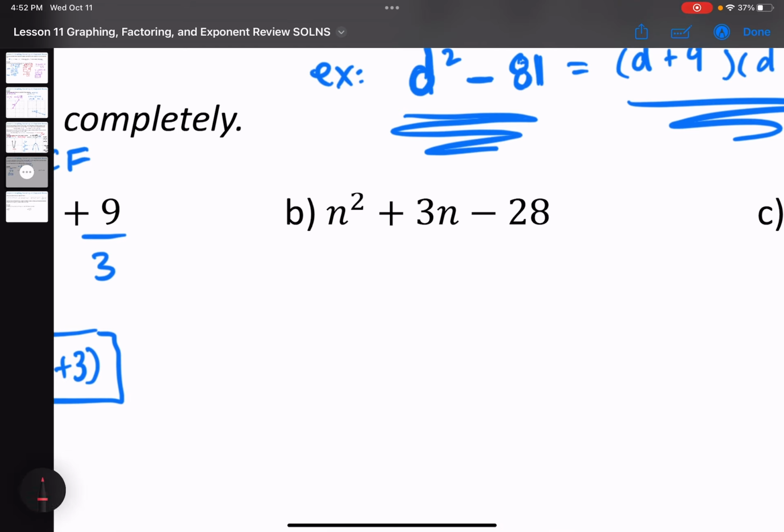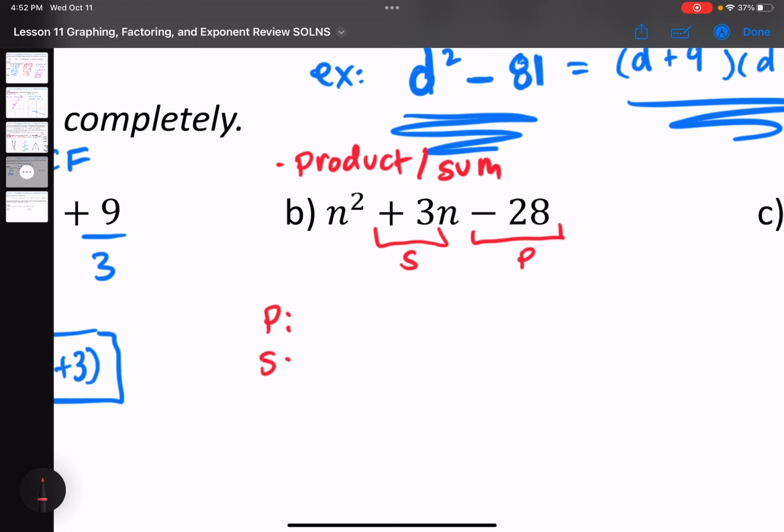Okay, let's look at this next one. We're going to note that this is an example of product sum factoring, where we're looking for the product of negative 28 that sums to 3. Can you give me two numbers that multiply to make negative 28 and add to 3?